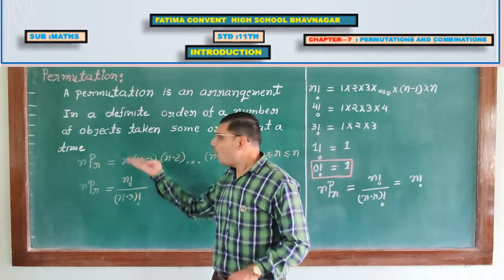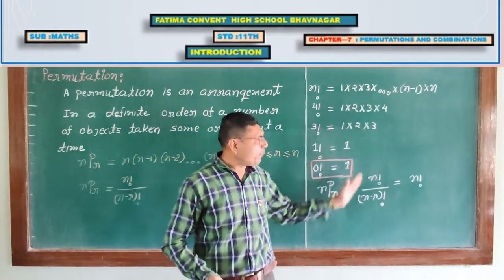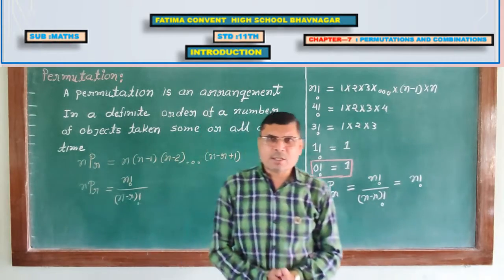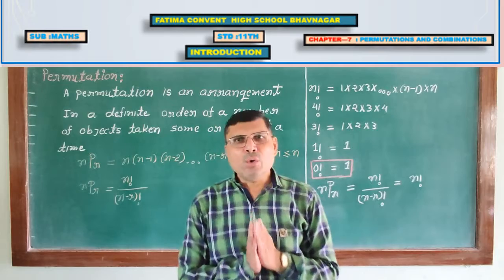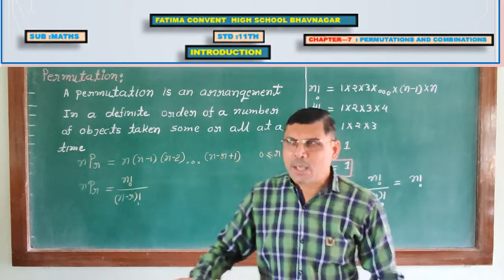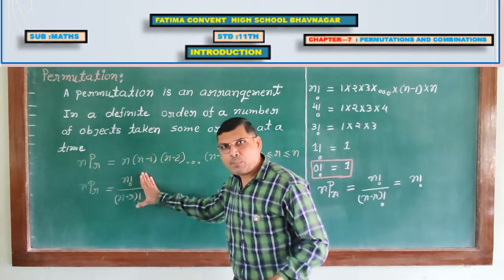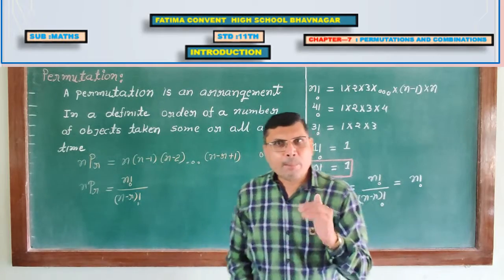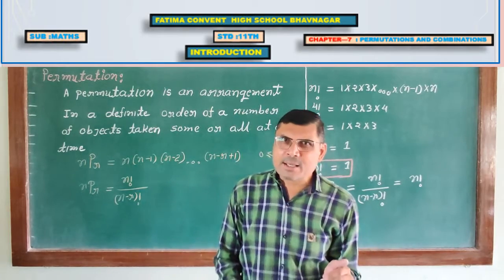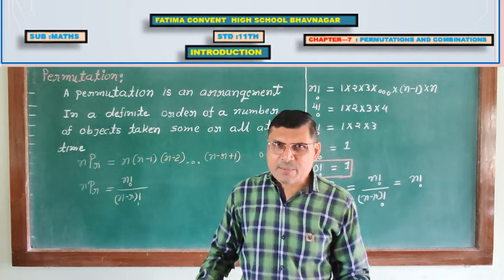If you know the meaning of factorial and where we will use this, when I select a few objects or all the objects, then this formula will help you. If you remember, in the previous exercise 7.1 we were using this.